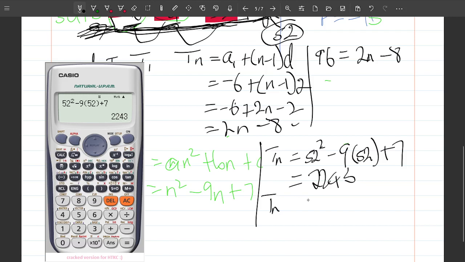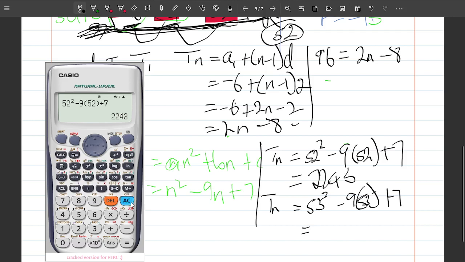And then we have term number 53. So that's the other term. This would be 53 squared minus 9 times 53 plus 7. And then we add them up and see what we get.